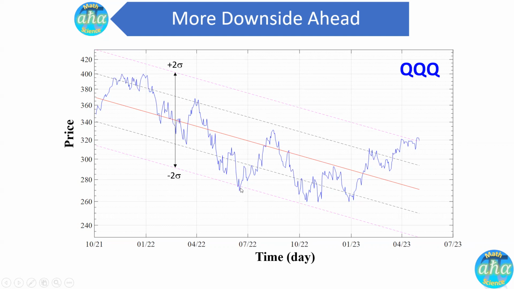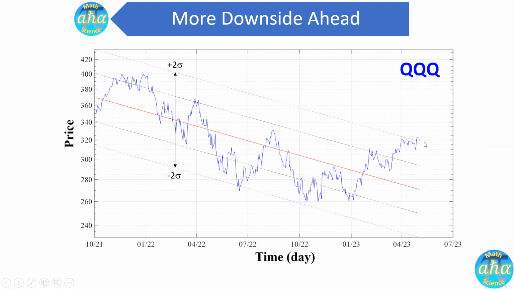When it gets outside, usually on the negative side, it bounces back quickly. On the positive side, we noted a few days ago, over the weekend, that it popped up above the 2 sigma. But we said it's not going to stay too long, and as you can see, it's already started approaching the +2 sigma trend line.